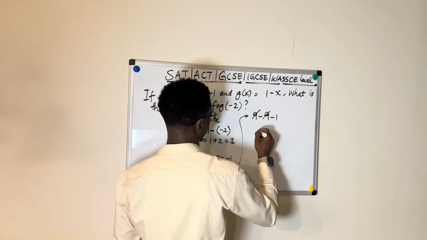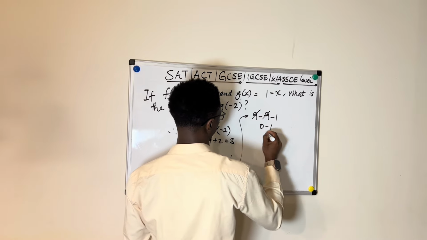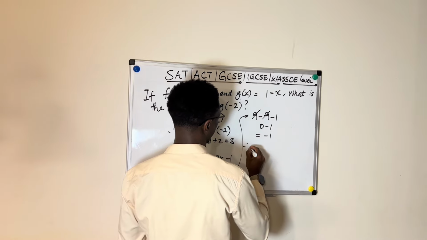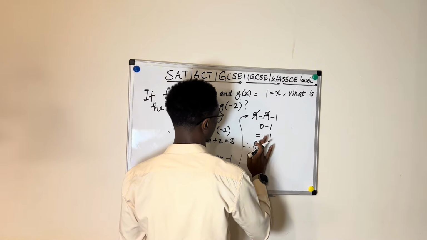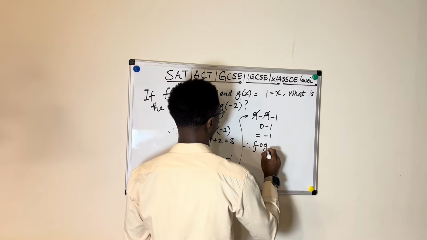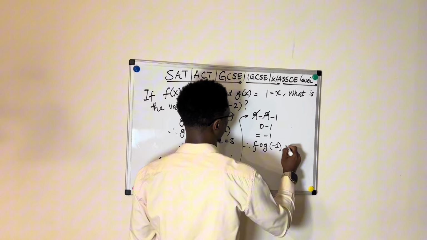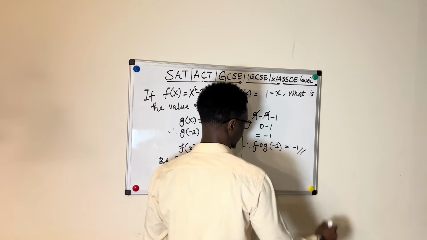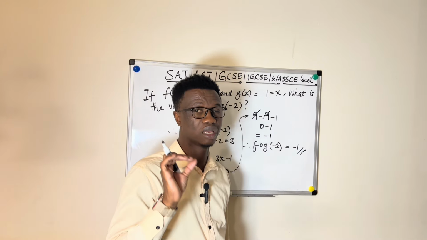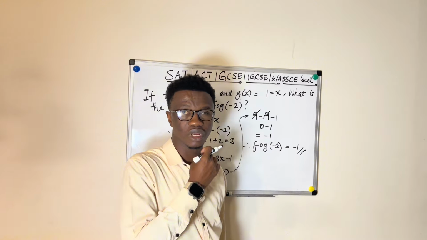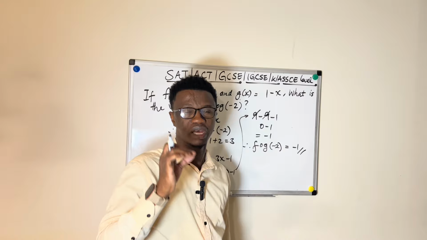The 9s cancel, leaving 0 minus 1. Your answer becomes minus 1. Therefore, f of g of minus 2 becomes minus 1. So that is our third example. Let's look at the other example.